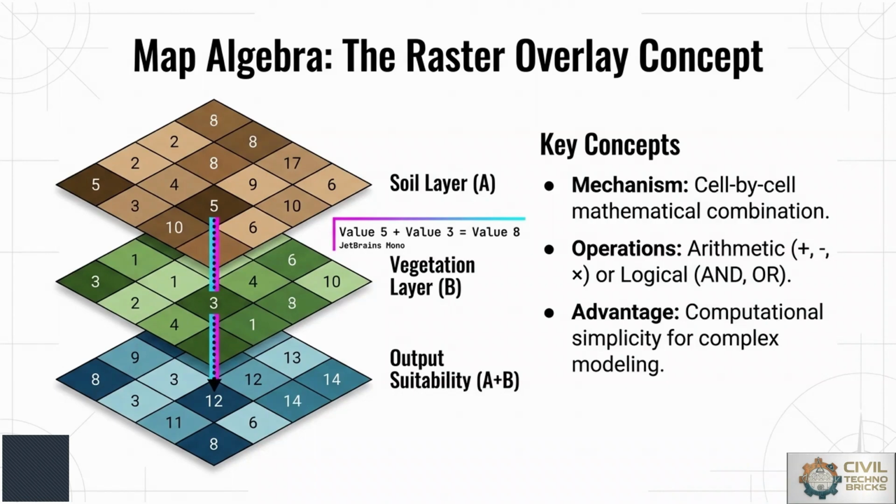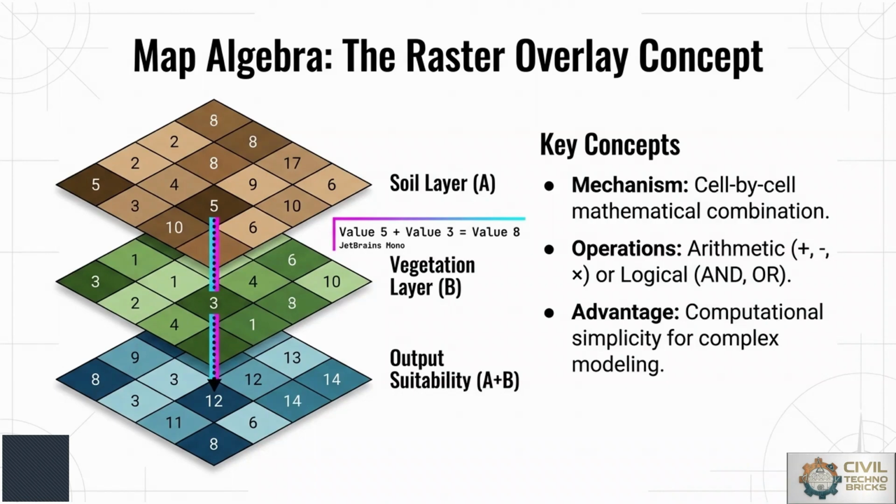Means with respect to that layer, just a 2D plane, we can assign any point or any value to each and every cell with respect to its characteristics, and we can compare the characteristics of soil at the same place, at the same ground control point, on the vegetation layer. At the end, we can also compare both the layers for the sake of our interest. It is also known as map algebra.